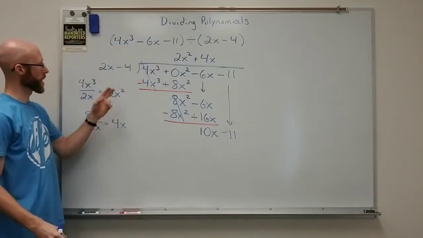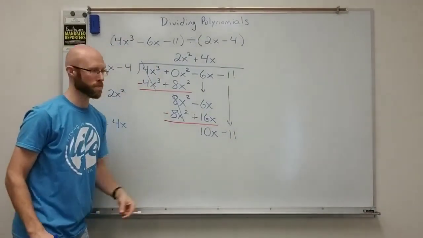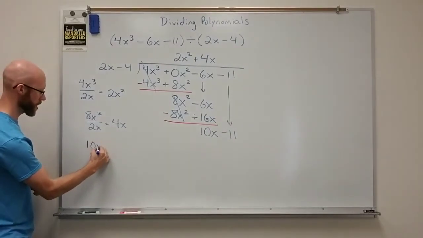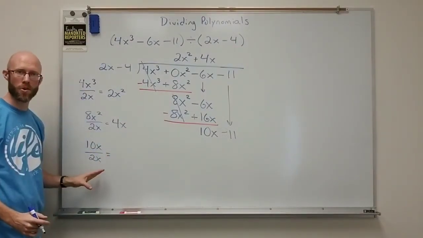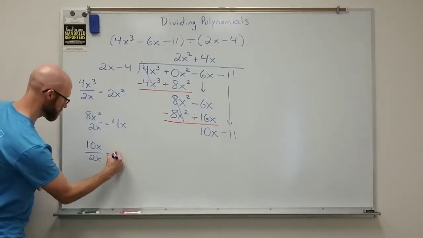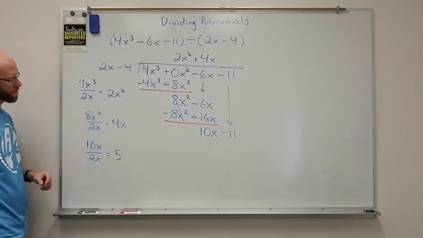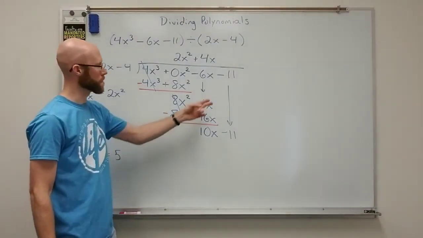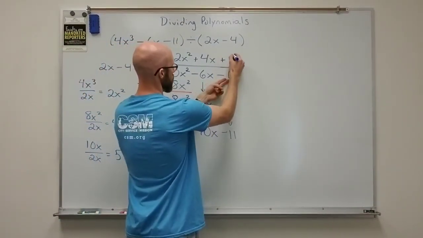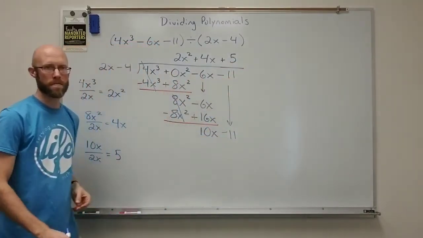And again, divide big term into big term. So it'd be 10x into 2x. Now I always write these down off to the side just to keep track of what I'm doing. Yeah, it just helps me out. So then this 5 is constant. It must go above the constant term. And it's a positive, so I'll put plus in there.